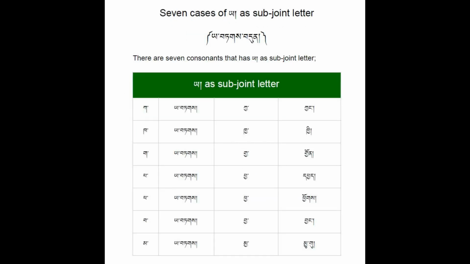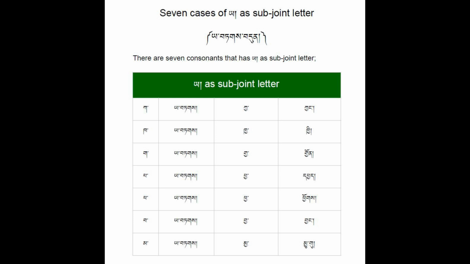So therefore, the subjoined letters that usually we have are the four, which are ya, ra, la, and wa. And these are pronounced as yatak, ratak, latak, and watak. Now the usage of ya as a subjoined letter. We must understand that not all the consonants will have ya as a subjoined letter.